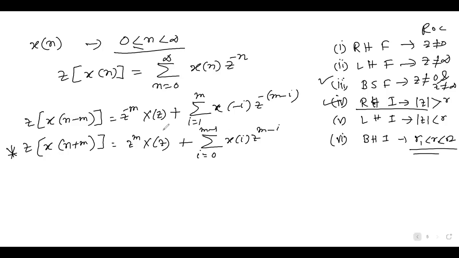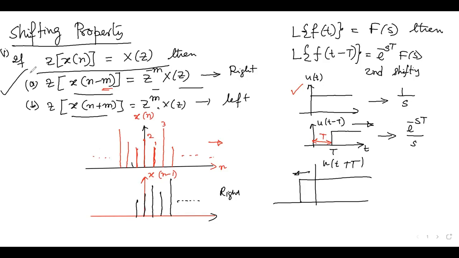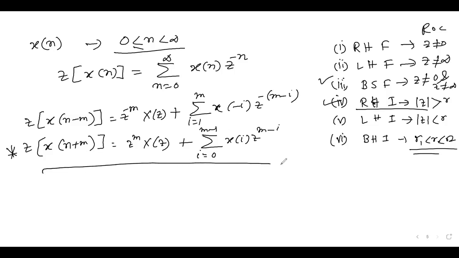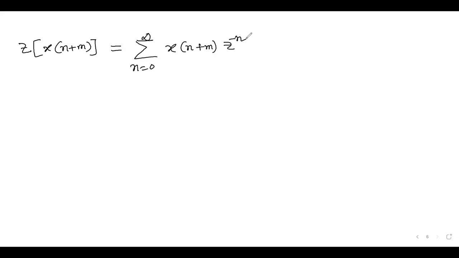In the first one I did that; in this one I am doing it now. Let us prove the second formula: the z transform of x(n plus m) is equal to this formula. Very easy, one-sided signal. Okay, so we want to find the z transform of x(n plus m), which is a one-sided signal. That means the sum from n equal to 0 to infinity of x(n plus m) z to the power minus n. If I make a mistake, tell me, it is a very easy thing.